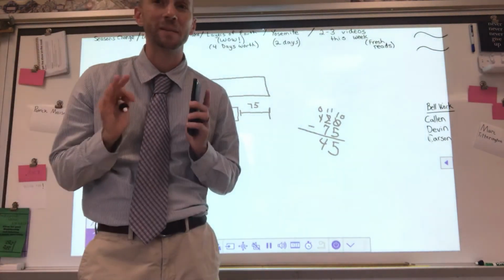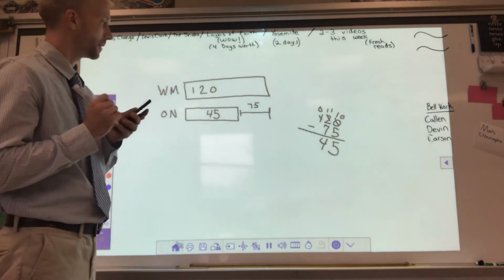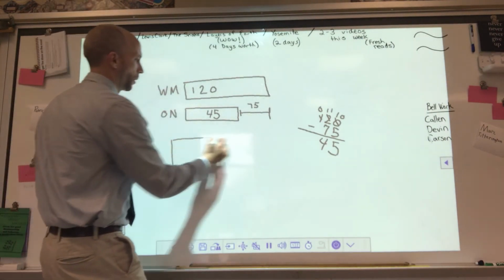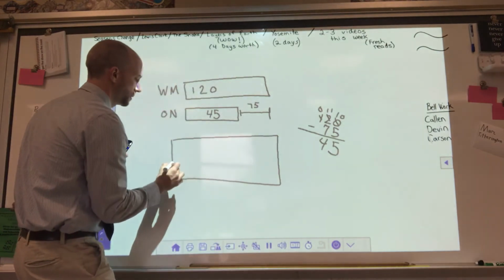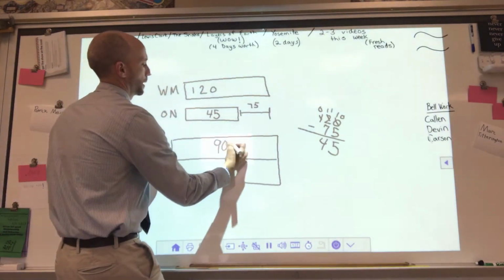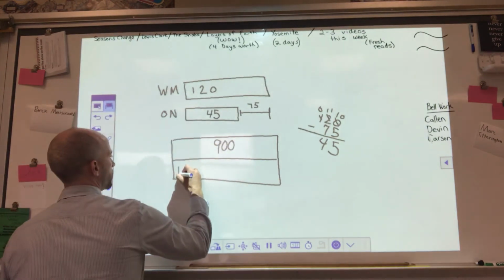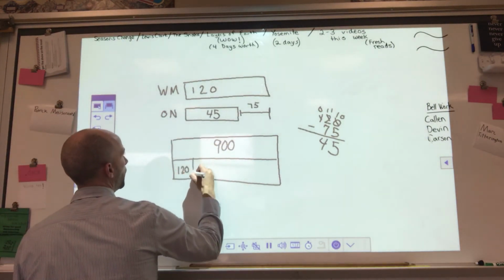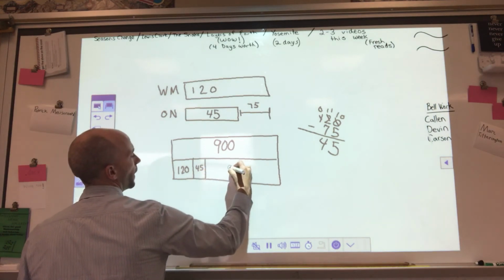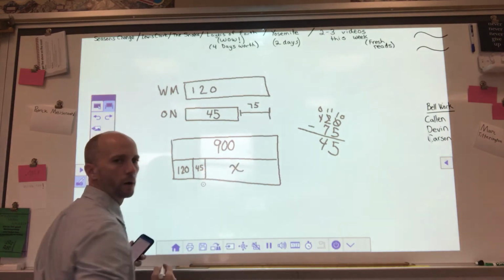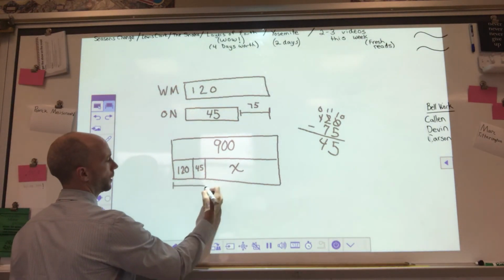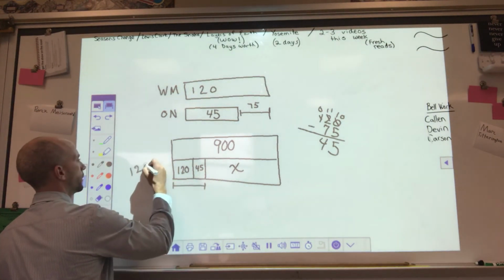Now comes our missing link because he needs to know how much he has left over. So he has a total of $900 that he saved. He spent 120 of it at Walmart. And then he spent 45 of it at Old Navy. And then that's going to give me my unknown. That's my missing link question. So we're going to take 120 and add 45.